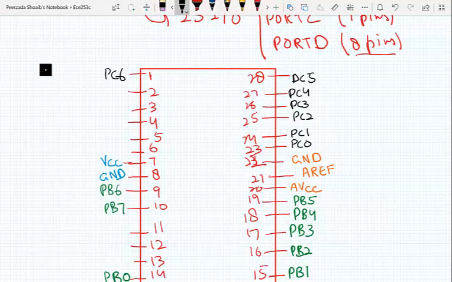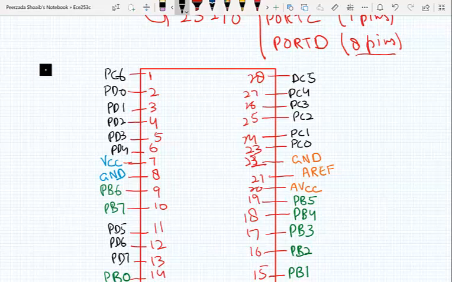Now we have port D. Port D starts from pin number 2, PD0, PD1, PD2, PD3, PD4, and the rest of the pins are here, PD5, PD6 and PD7.